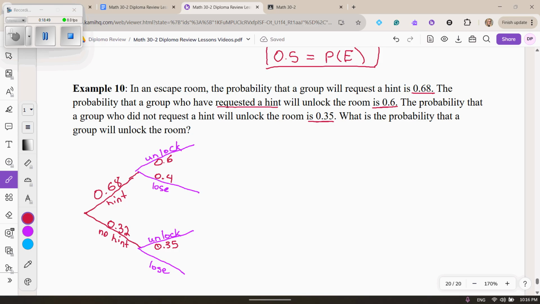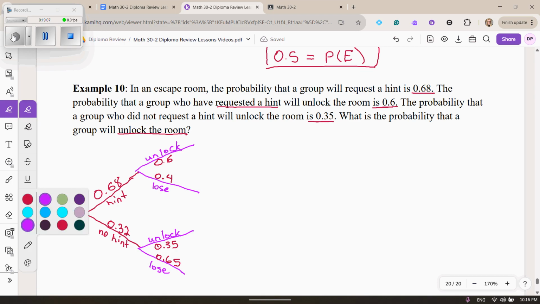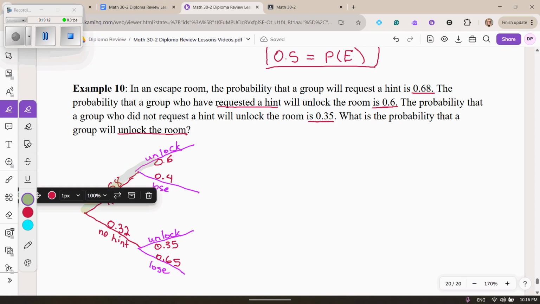And then remember that those are complements of each other. So 1 minus 0.35 is going to give me them not unlocking the room. So the two outcomes that we care about are them unlocking the room based on the fact that they could have either got a hint and unlocked the room or not got a hint and unlocked the room.